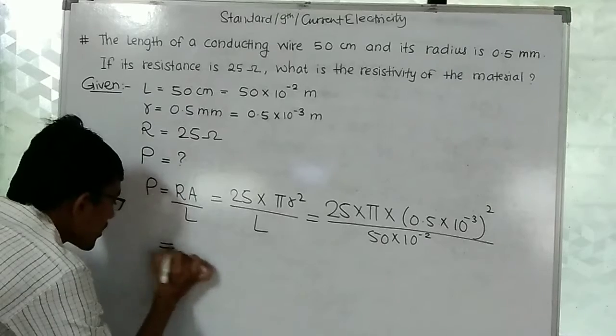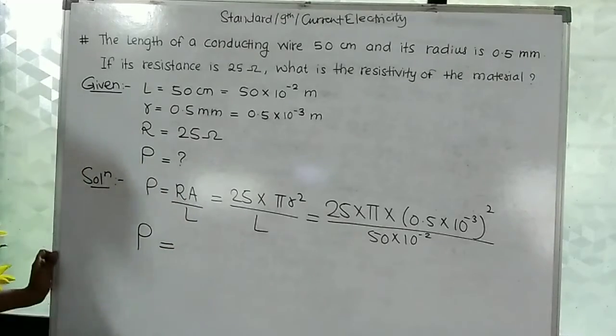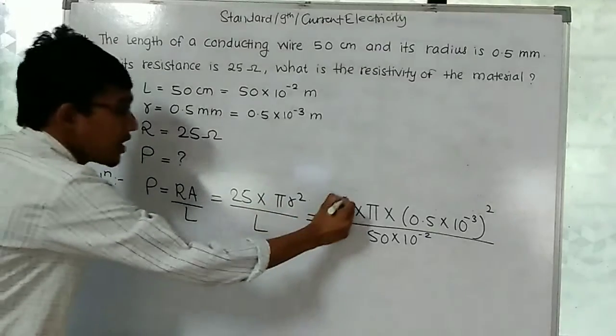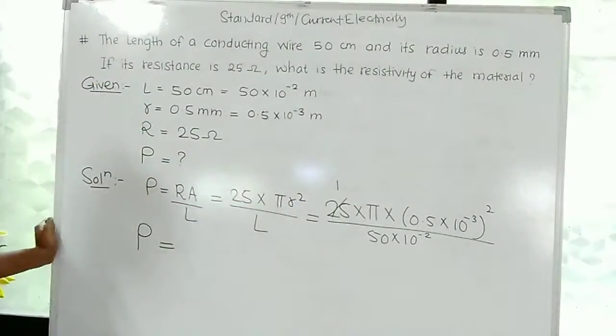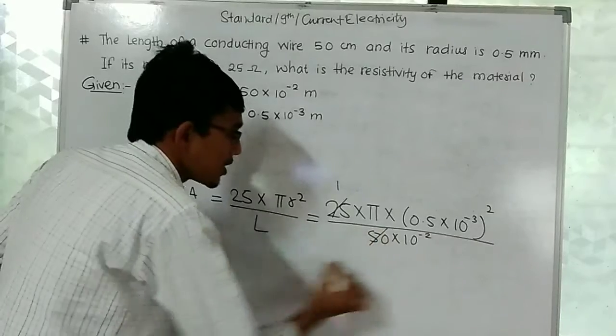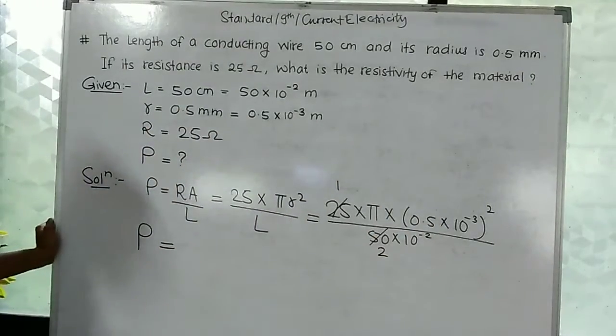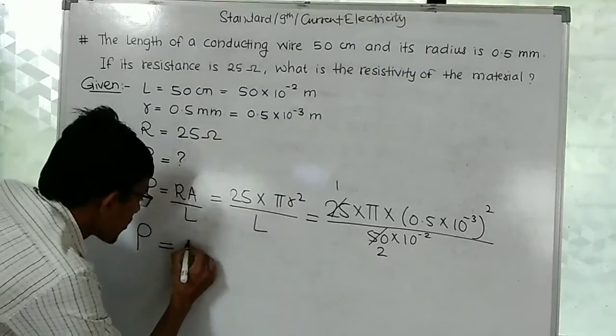So we will get resistivity is equal to, now 25 ones are 25 and 25 twos are 50. What is the value of pi?